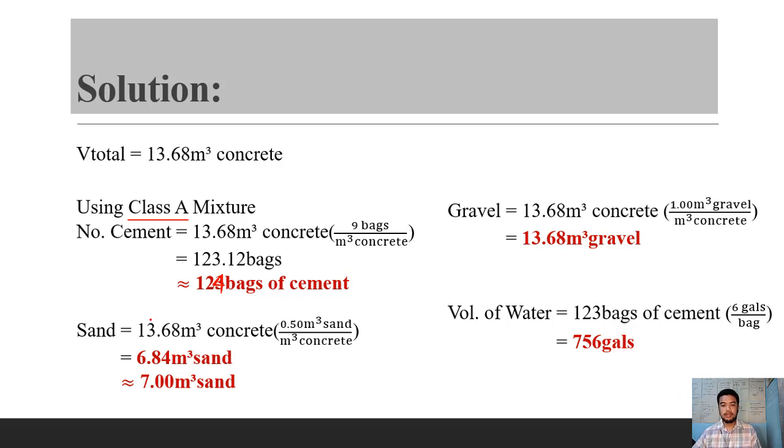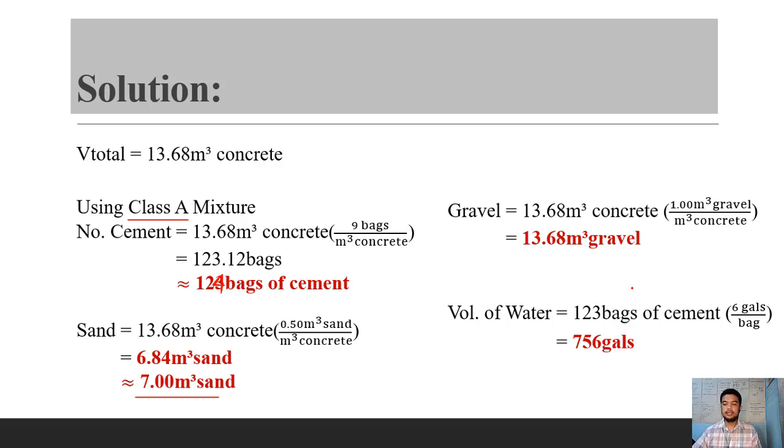Okay, so for the sand, you will just multiply the quantity in volume by 0.5 cubic meters of sand per cubic meter of concrete. Therefore, you will need 7 cubic meters of sand. And gravel, you just multiply that by 1. So for every 13.68 cubic meters of concrete, you will also need 13.68 cubic meters of gravel.